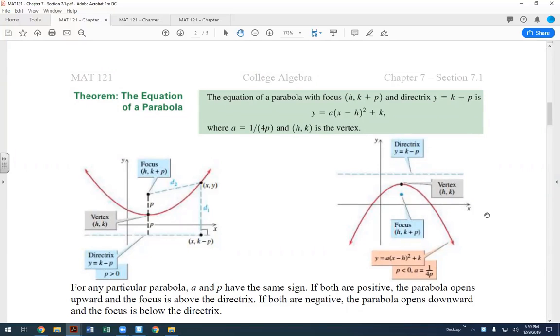The relationship between our a value for the parabola, which is this a right here, ax squared plus bx plus c, or you can think about the a in terms of our transformation, is going to be a equals 1 over 4p.